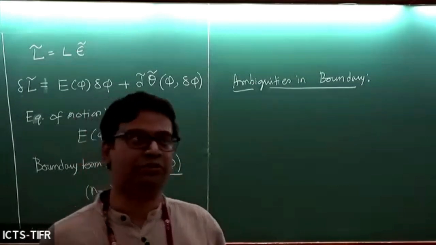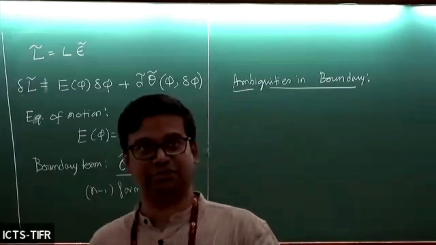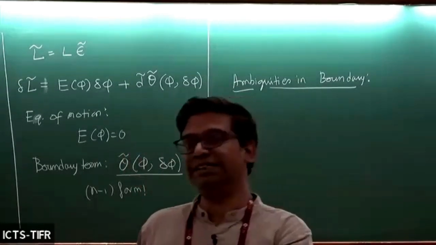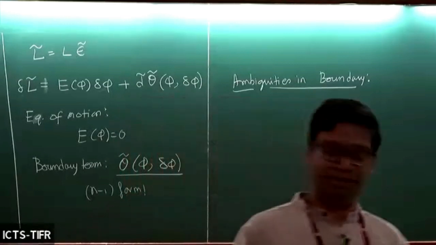Otherwise, we'll be in trouble, right? I mean, if everything is ambiguous. This is like, for example, the ambiguity in the vector potential in electrodynamics. They're ambiguous after addition of gauge transformations, right? But the physical quantities, electric and magnetic field, do not depend on those ambiguities. The same thing will happen.